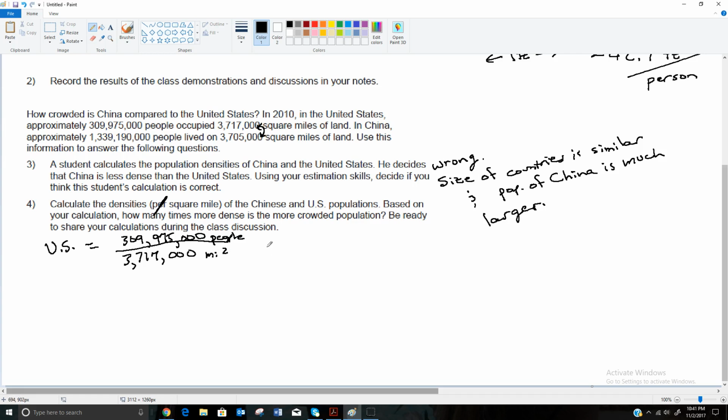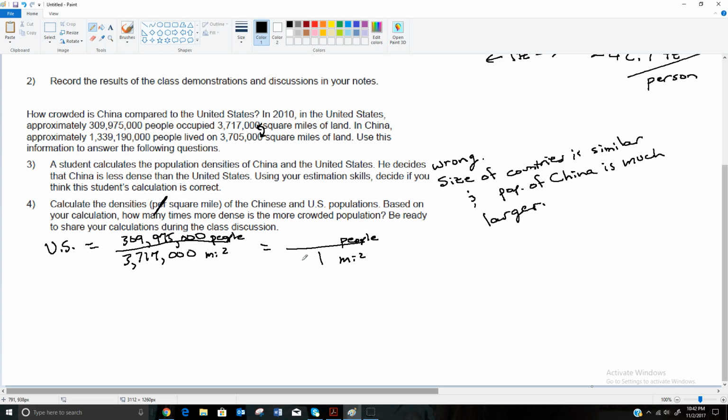So if we divide this, then we'll get how many people there are per 1 square mile. A lot of times we won't even write that 1 on the bottom. We'll just say per square mile. So again, I'm going to take that top number. When we do this division, it's always the top number divided by the bottom number.